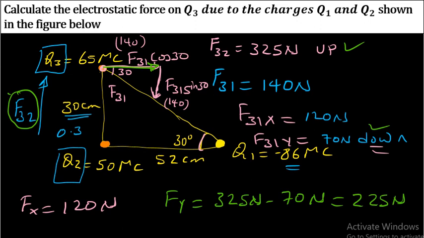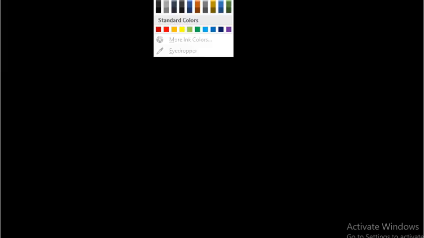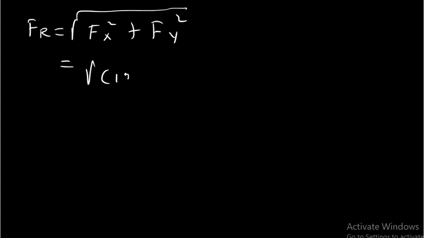Therefore, since we are asked the resultant force, we need to apply the Pythagoras theorem this time. So the resultant force will be the square root of Fx squared plus Fy squared, which is the square root of 120 squared plus 225 squared.